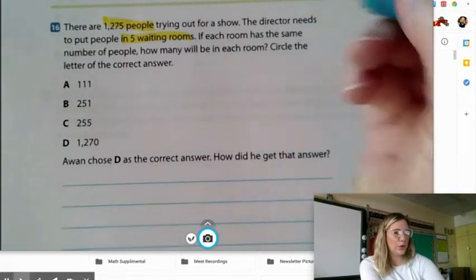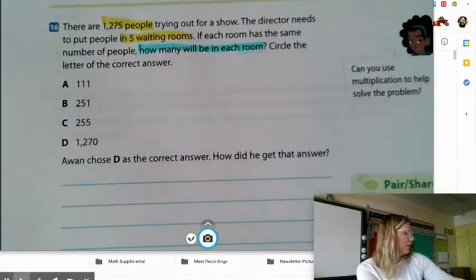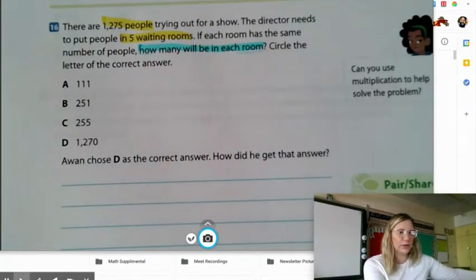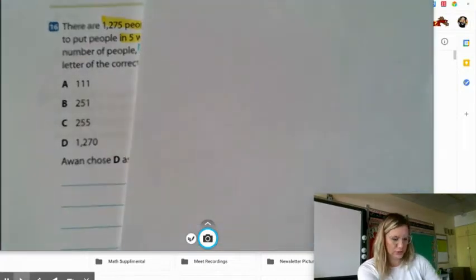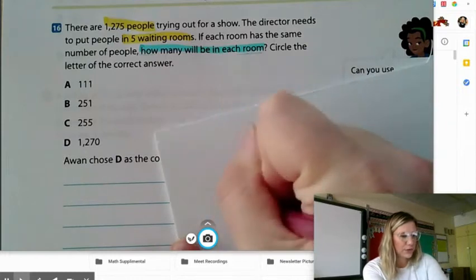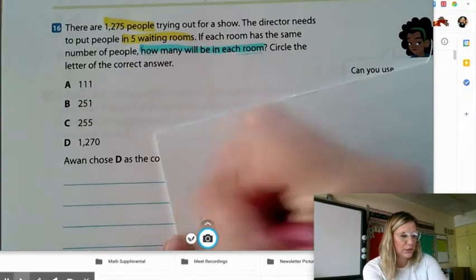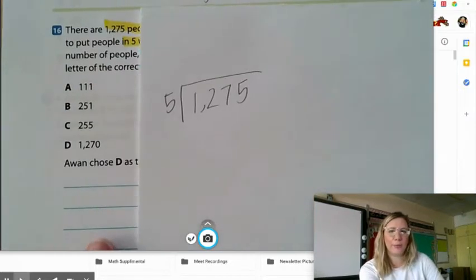I want to know how many will be in each room. For the sake of not having a lot of area here, I'm just going to do this on scrap paper. So I've got 1,275 as my dividend, divided by my divisor of 5.